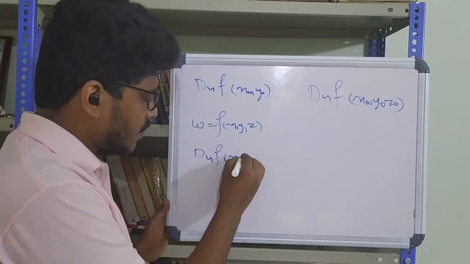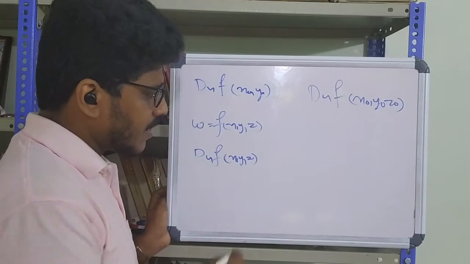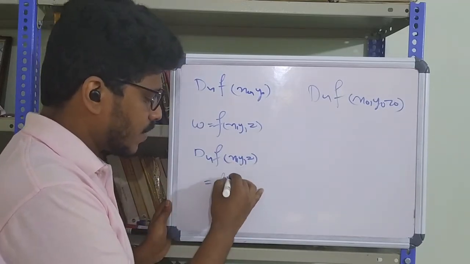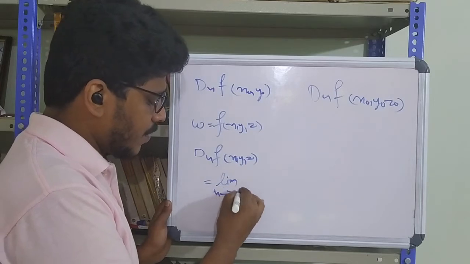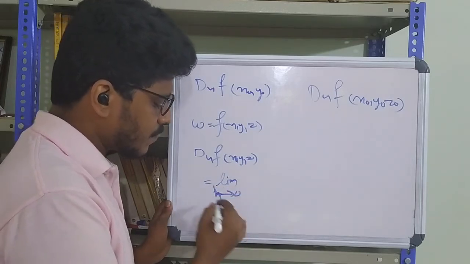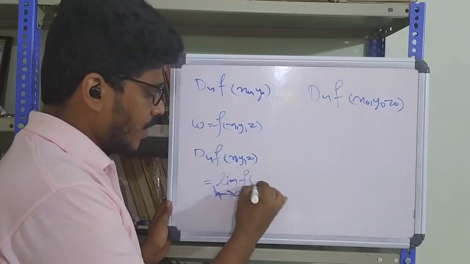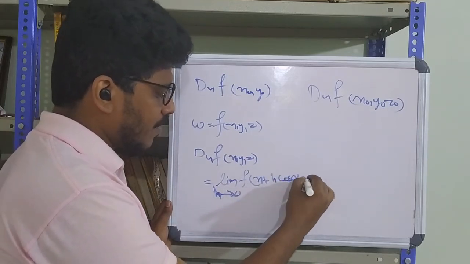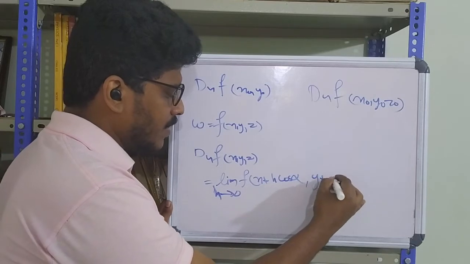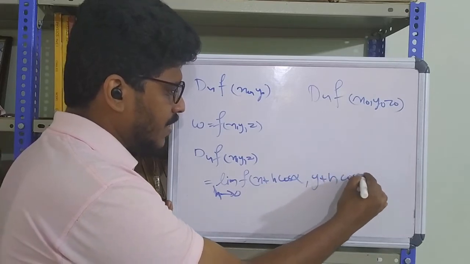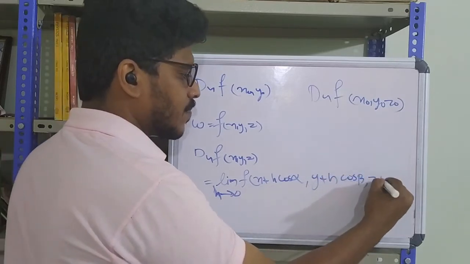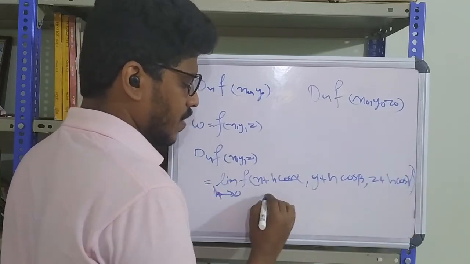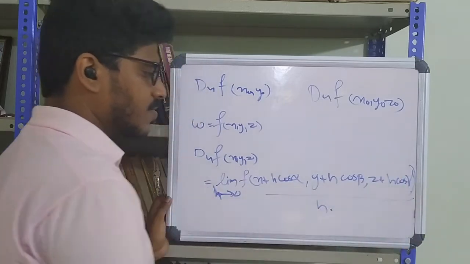D_u f at say x, y, z is defined as we have seen for the two variable case. This can also be defined as a limit as h tends to 0, f of x plus h cos alpha, y plus h cos beta, comma, z plus h cos gamma, divided by h.